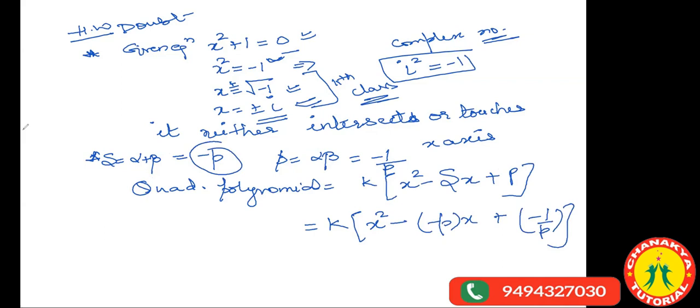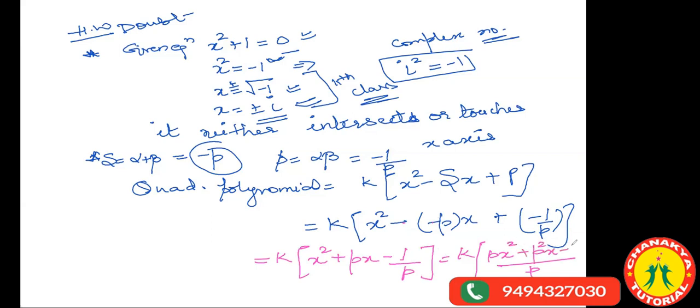Now take LCM. Now it will be k times x square plus px minus 1 by p. Or you can take LCM p. Then it will be px square plus p square x minus 1.